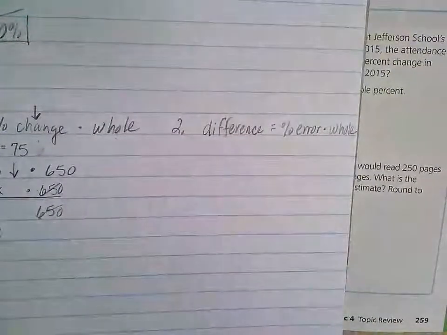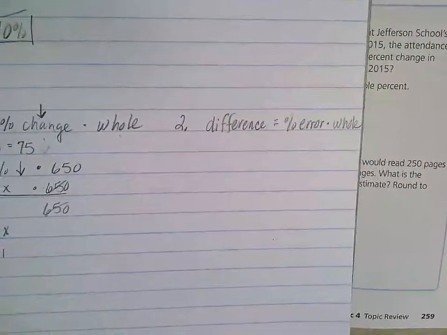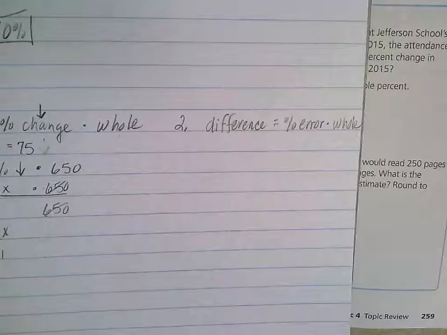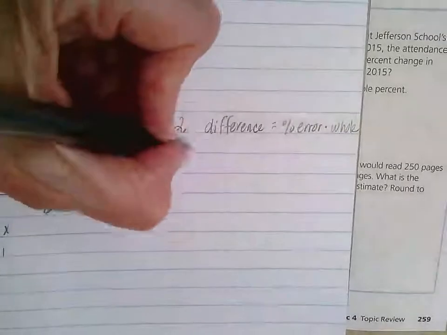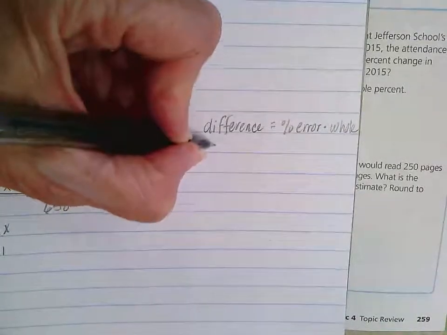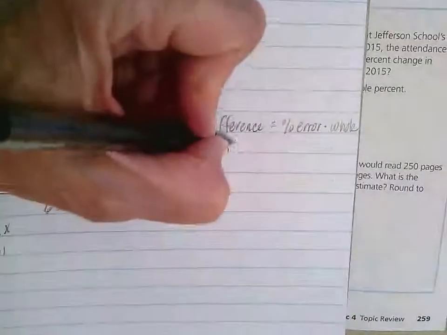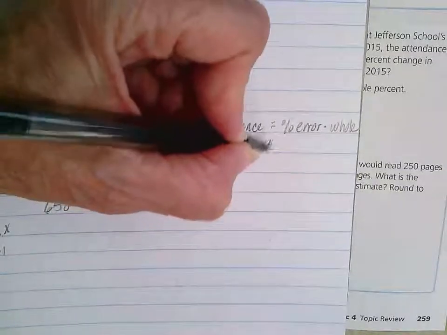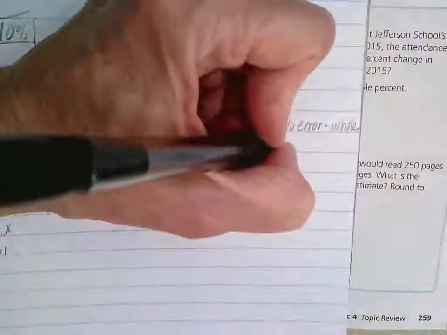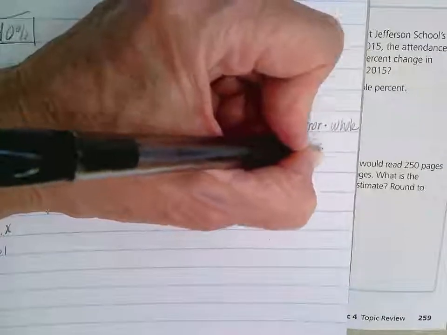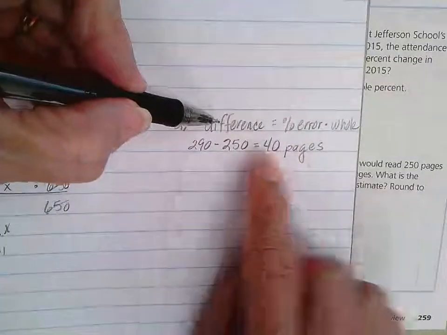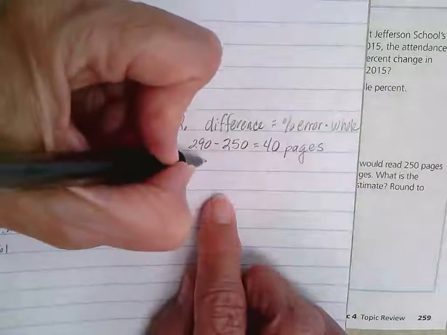So to find the difference, we have to take the two numbers, the amount of pages that she read, and subtract 250, and we're going to get 40. That's 40 pages difference. That's our part, so that's going to go to the left.